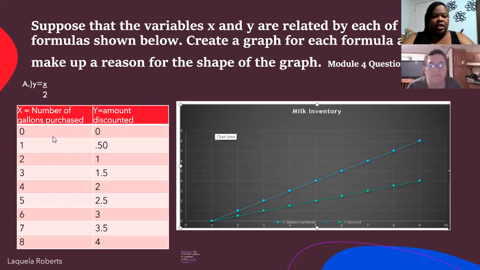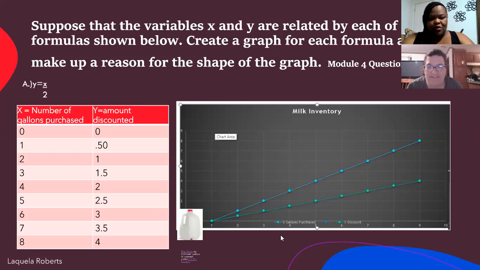On our chart, you see numbers from 0 to 8 for our x, and then in our y, we have our halves and wholes. You take 0, 0, there's nothing, then 1 and you got 0.5, 2 and 1, 3 and 1.5, 4 and 2, and it just goes up and up and up. So the more gallons you purchase, the more discount you will get.